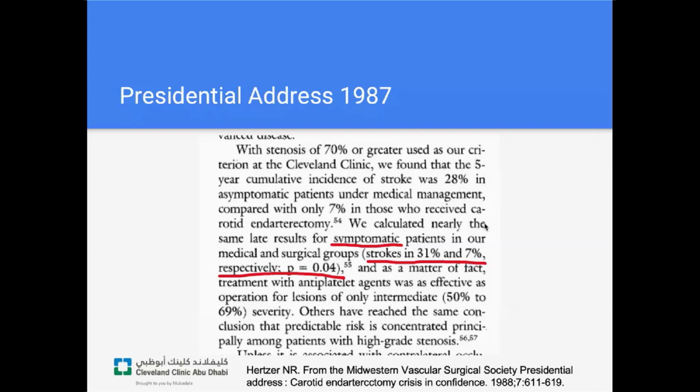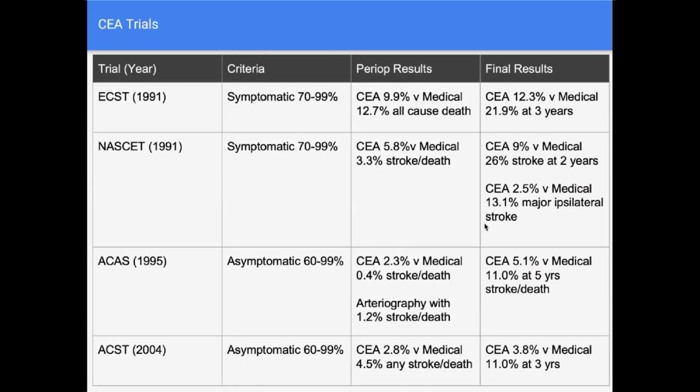The carotid endarterectomy trials were able to demonstrate level 1 evidence showing the efficacy of carotid endarterectomy in the treatment of patients who've had strokes and who are at high risk for stroke, achieving stroke risk reduction.